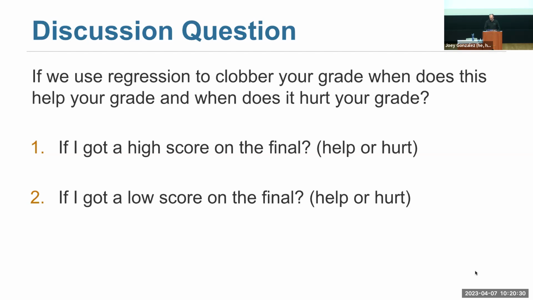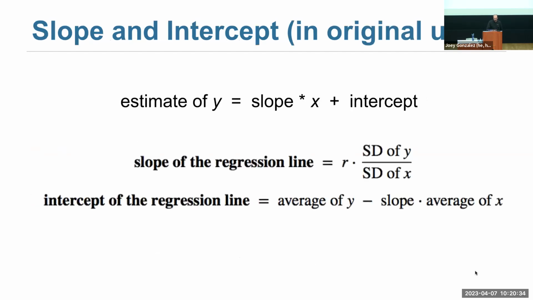Okay. All right, so this is called regression towards the mean. In last lecture, we then worked through the calculation of the slope and the intercept in the original units by doing some algebra to transform that equation of r times standard units of x equals the predicted y in standard units.